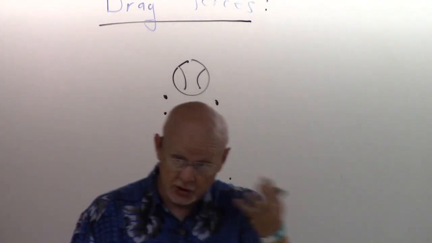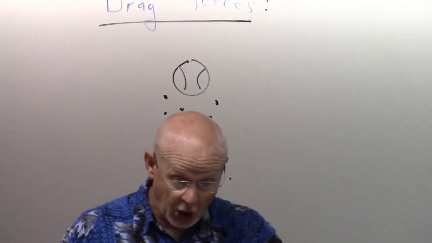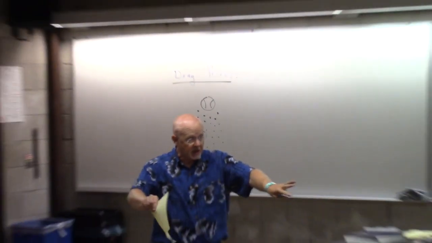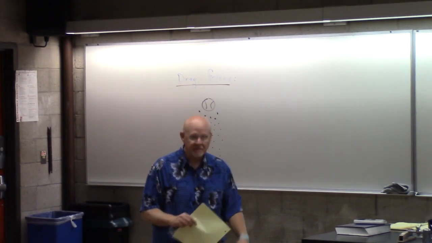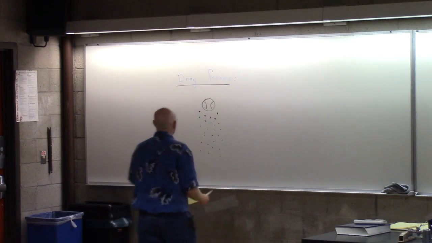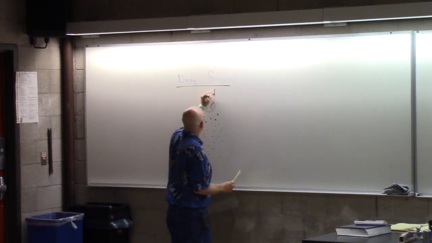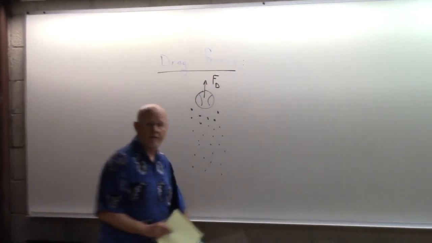So using Newton's third law, I would say here the ball pushes on the molecules. So what do the molecules do? Push on the ball. And that then is going to be our drag force.